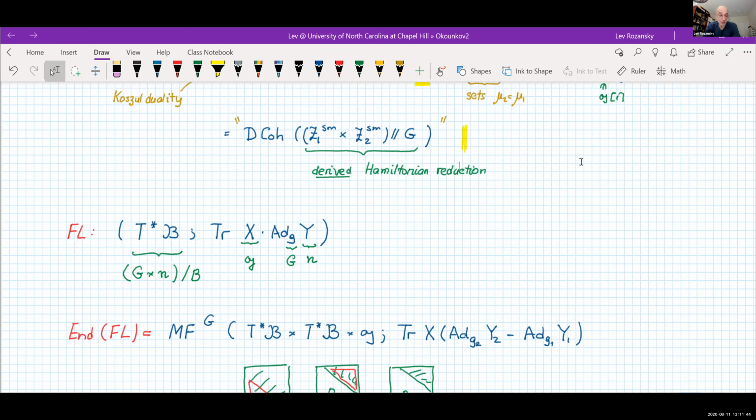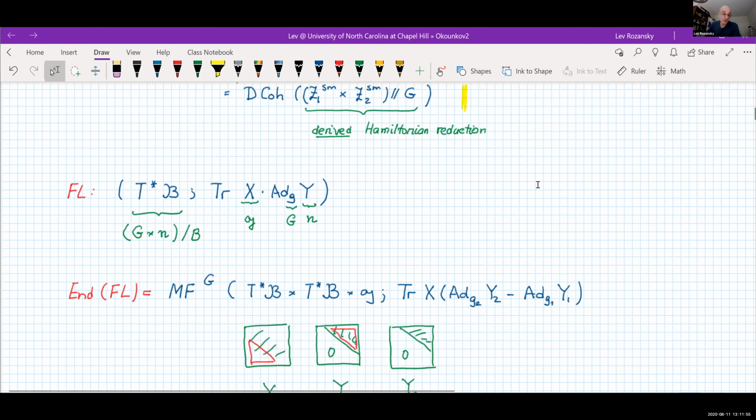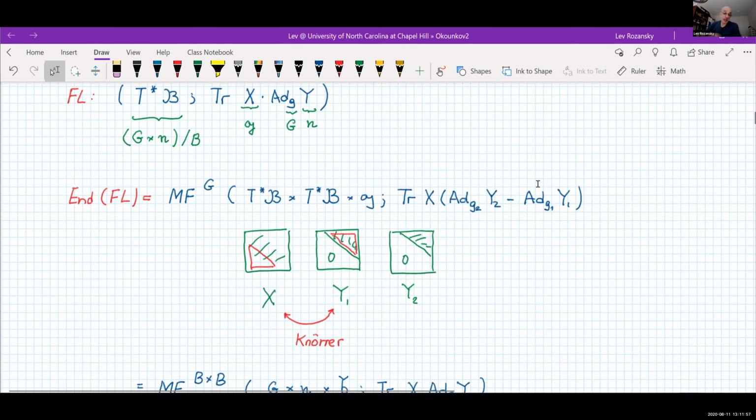So this is up to the action of Borel. And the moment map is conjugation of this matrix Y. So the category of endomorphisms would be the category of matrix factorizations, G equivariant. So you have two flag varieties, sorry.